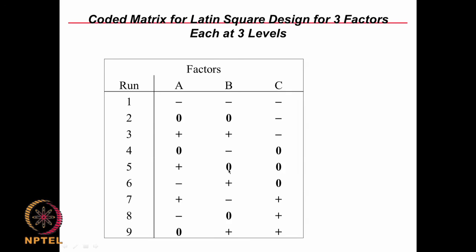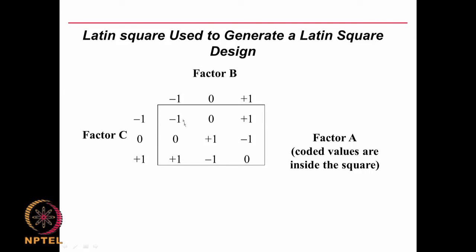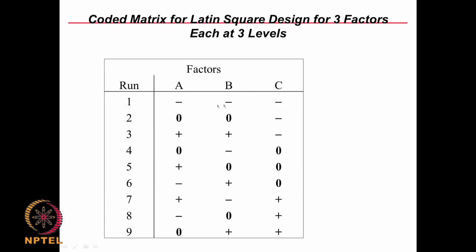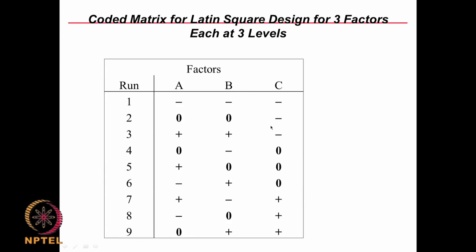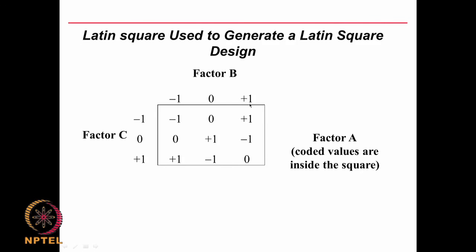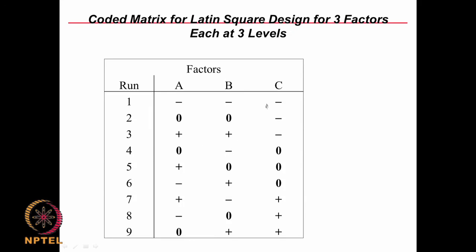So, again, Latin square for ABC, 9 experiments here. Like I said, minus minus minus is the first experiment, the second experiment will be 0 0 minus 1, the third experiment will be plus plus minus 1, like that. This is how you do the experiment with 3 levels. Important to notice, for each of the factors there is a balance. 3 times you are doing at the -1 level, 3 times at the 0 level, 3 times at the plus level.